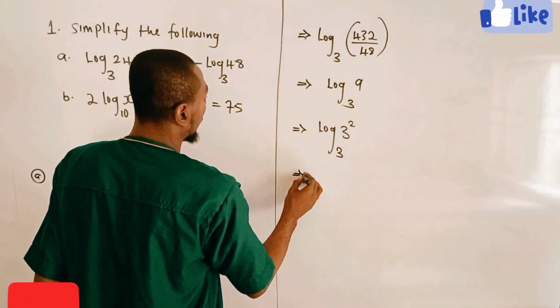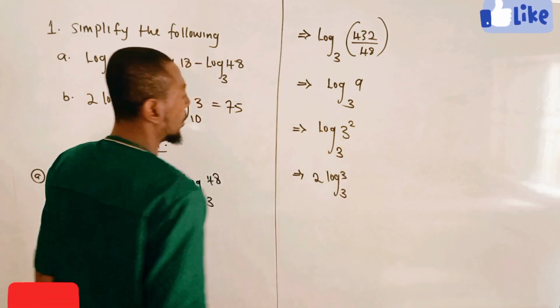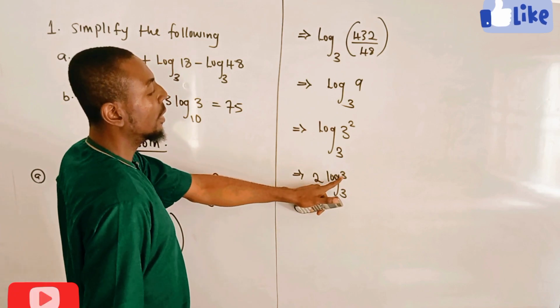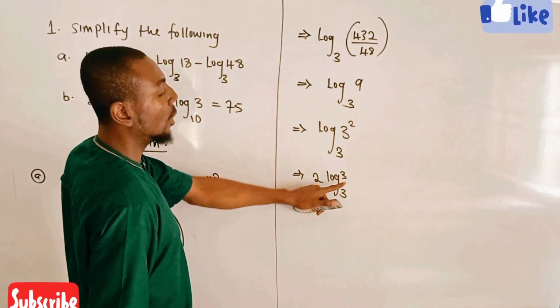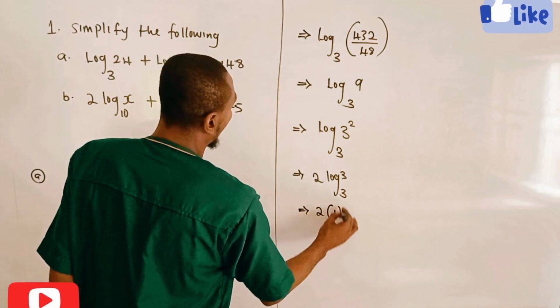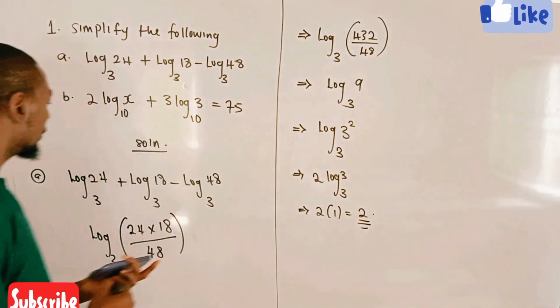So we now have finally 2 log 3 to base 3. And of course, log 3 to base 3 is equal to 1 because the number and the base are the same. So we have 2 times 1, which is equal to 2. So my answer is equal to 2.